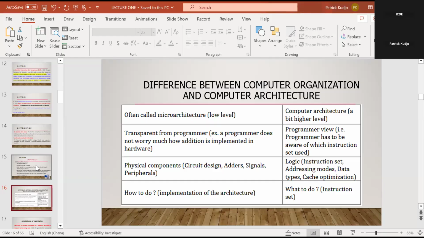Computer architecture is at a higher level. Again, computer organization is transparent to the programmer. A programmer would not worry about how addition is implemented in the hardware. When it comes to computer architecture, the programmer view means the programmer has to be aware of the instruction sets that are used.